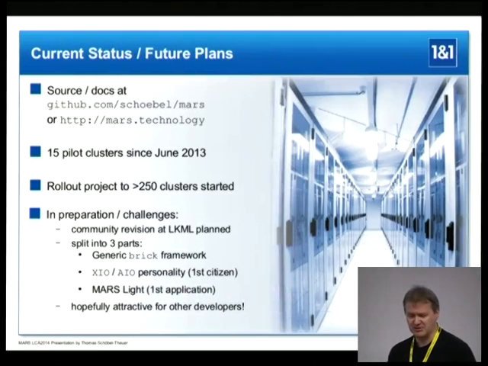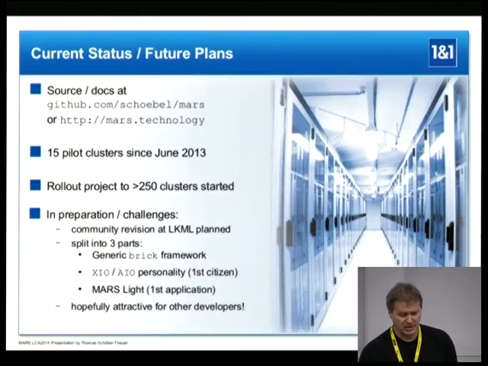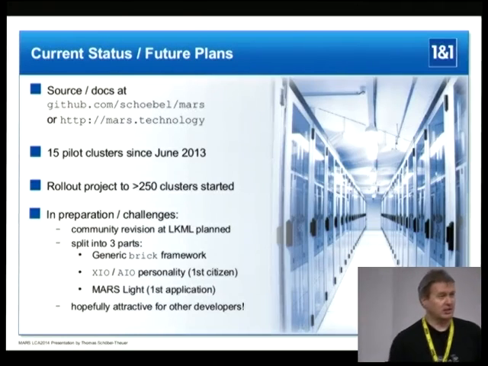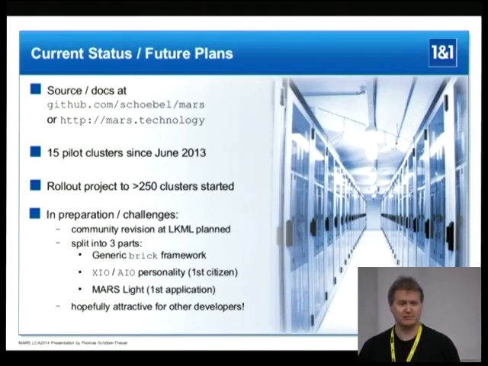What's the current status? It's GPL on GitHub. The next URL here is not yet ready because the domain is one of the new top-level domains, but it should be operational in a month or so. Internally at 1&1 we have 15 pilot clusters running for several months, even some older systems from last year.